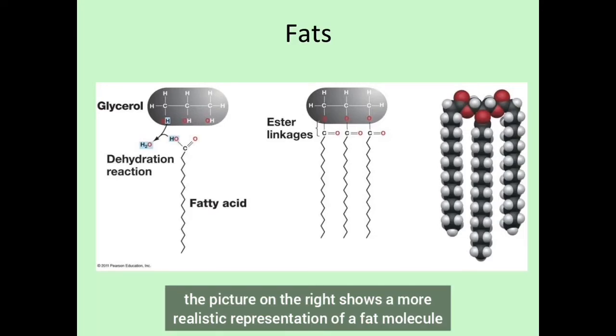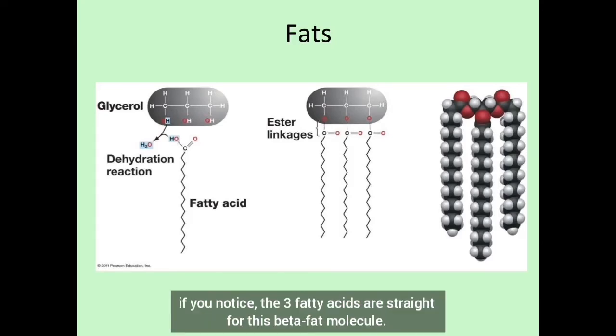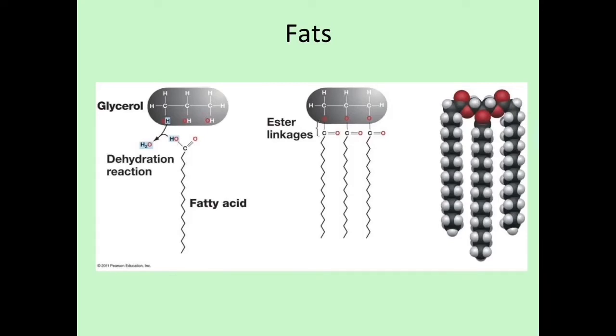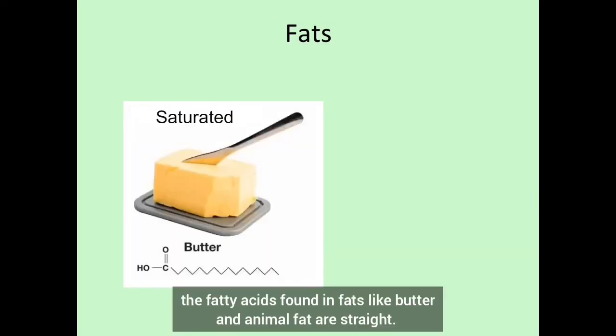The picture on the right shows a more realistic representation of a fat molecule's overall shape. If you notice, the 3 fatty acids are straight for this fat molecule. The fatty acids found in fats like butter and animal fat are straight.